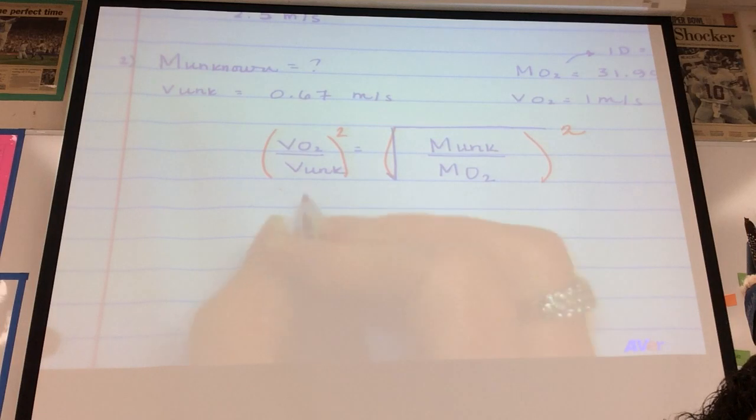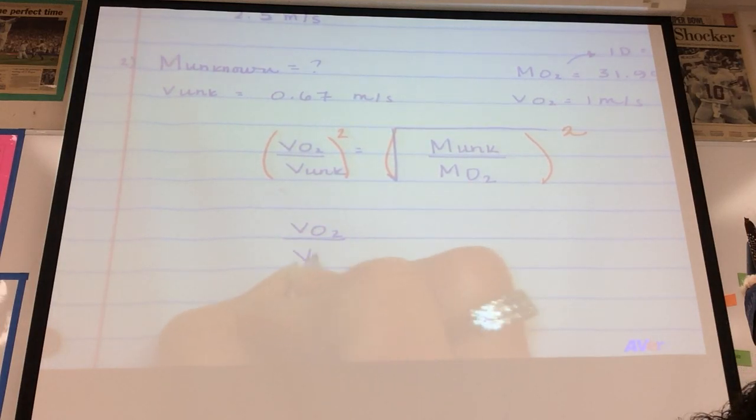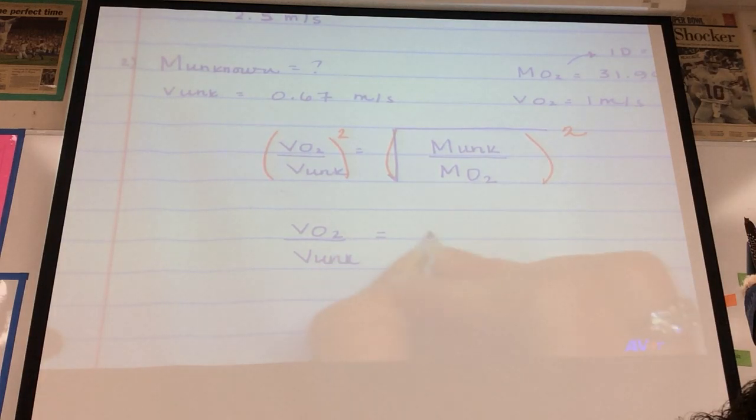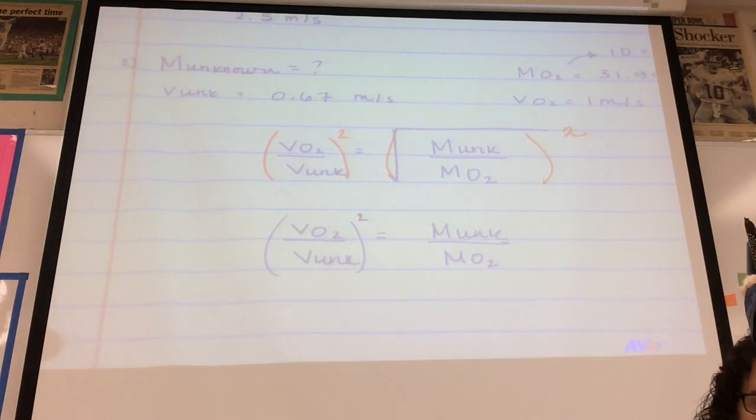Square both sides. You get the velocity of oxygen gas over the velocity of the unknown, squared, is equal to the molar mass of the unknown over the molar mass of oxygen.